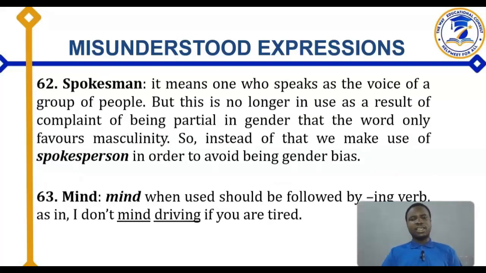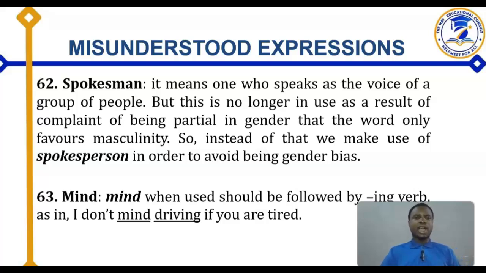Look at this one, number 62, an expression that might be gender bias, like spokesman, words like chairman. Are we together? So, chairman, if you want to write the female version, we won't say chairwoman, or spokeswoman here. But they believe that a spokesman is gender bias, and you could have a female person also being referred to as spokesman.